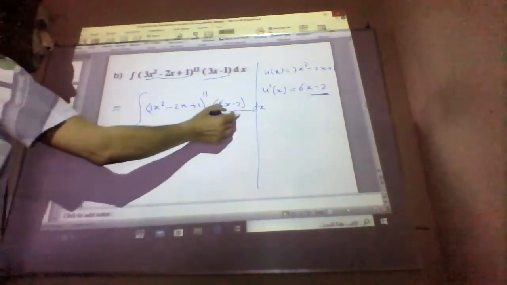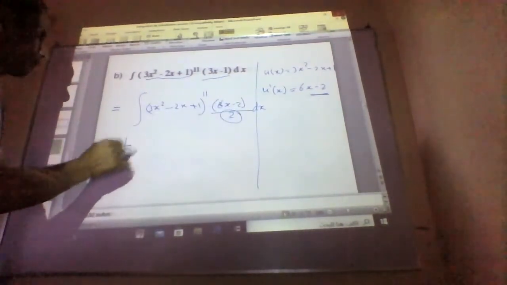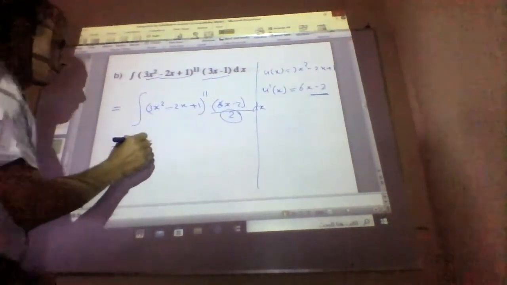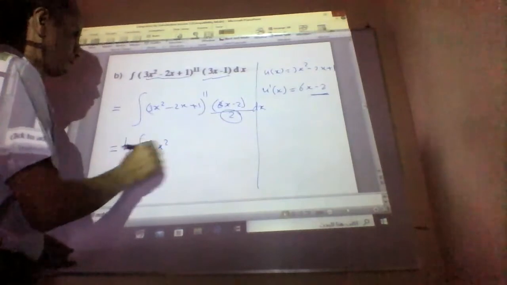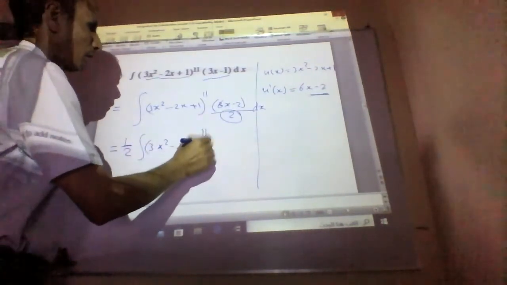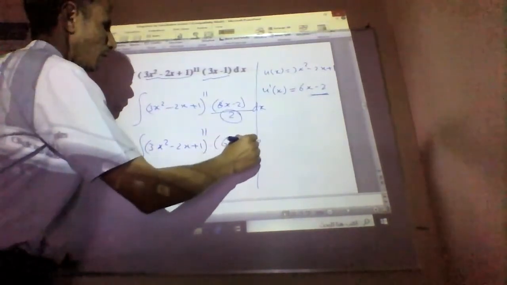Now we have 2 in the denominator, so we write it like that: half times the integration of 3x power 2 minus 2x plus 1, whole power 11, times 6x minus 2, all dx.